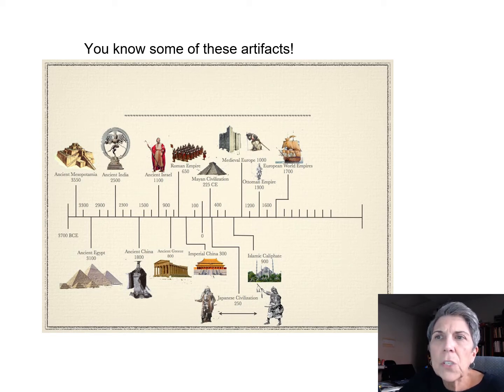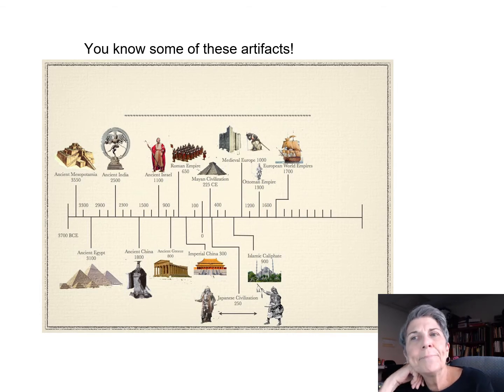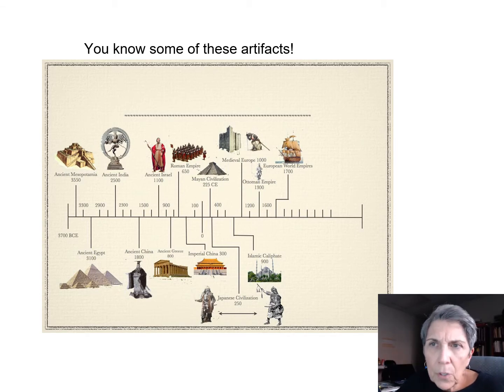This is to show you some icons already, and you know what their names are. If you look at the timeline, the Sumerians' ziggurat is around 3500, pyramids a little later, 3100, and then we're moving towards the Greeks, then the Romans. I just like to show you that so you can say, oh, I know what that is.